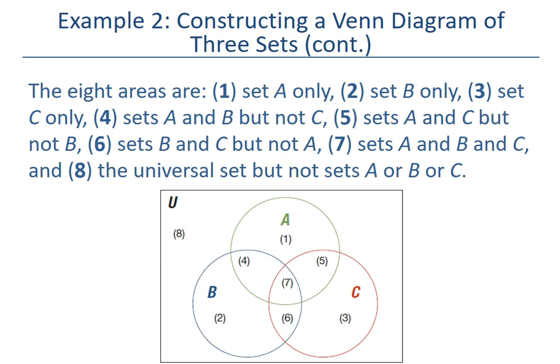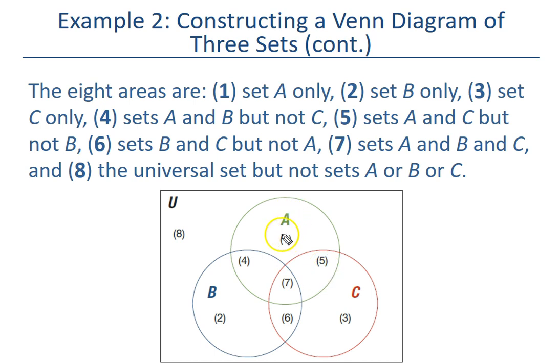That when we have a Venn diagram with 3 circles that are intersecting, there are 8 regions. So these numbers just refer to regions if we were going to place data in them.